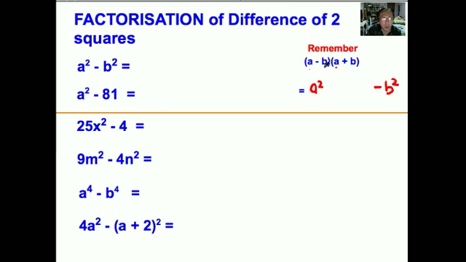And what happens to the middle term is a negative ab plus ab, giving us a 0. So what remains is only the first and the last term, which is what is needed for our factorization.